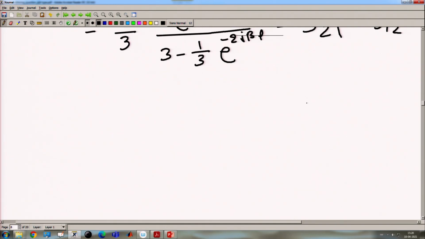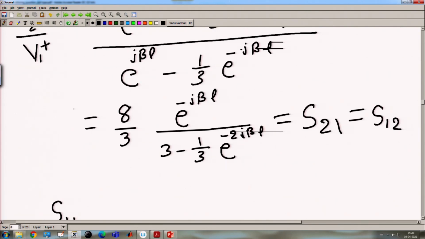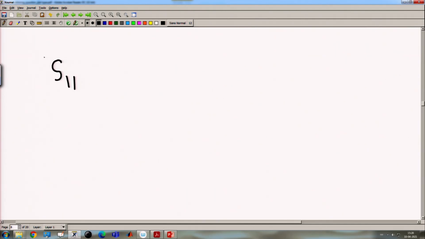In the next part, for this part we also have to satisfy mod S11 whole square plus mod S21 whole square.